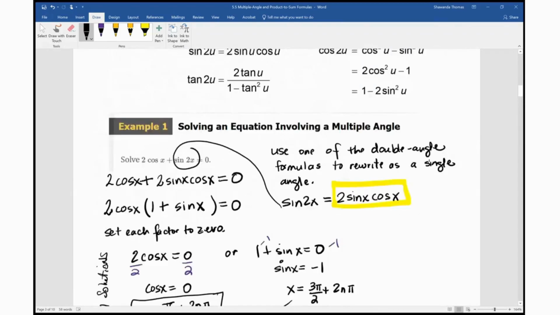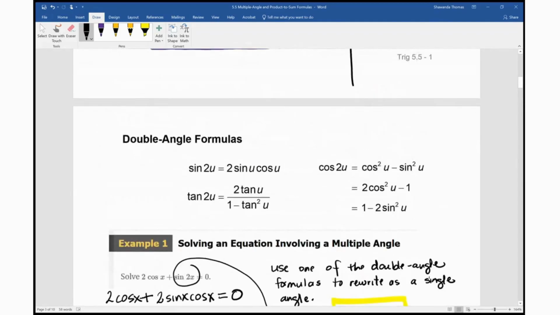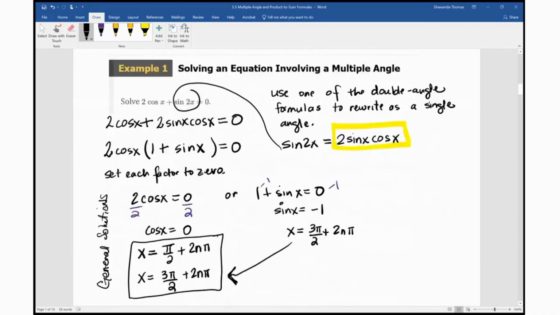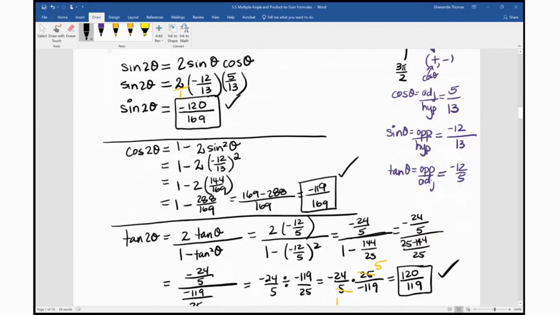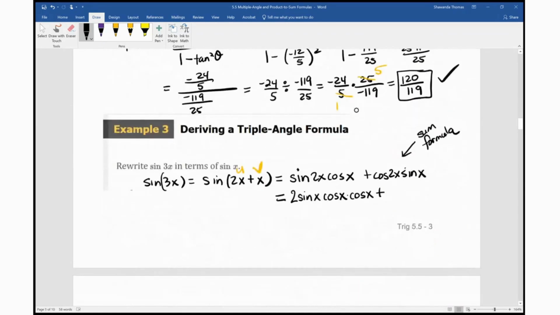All right, let's go back. Let's use this one since we're trying to get things down to sine only. Let's use 1 minus 2 sine squared u instead of the other one where it has a cosine in it. Since it said write it in terms of sine, let's make a substitution for cosine of 2x.